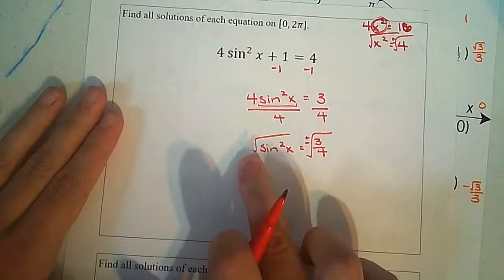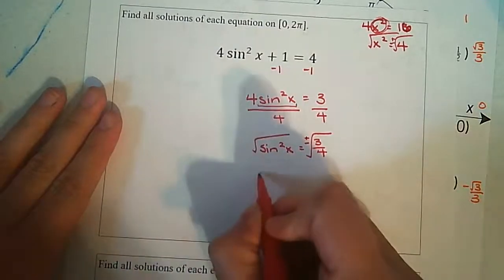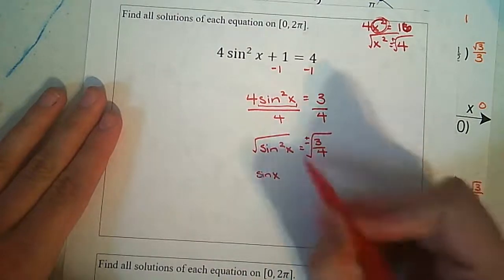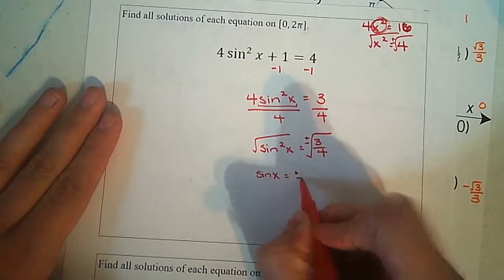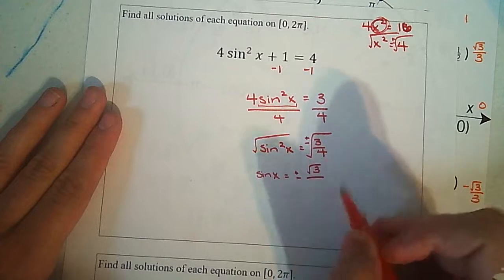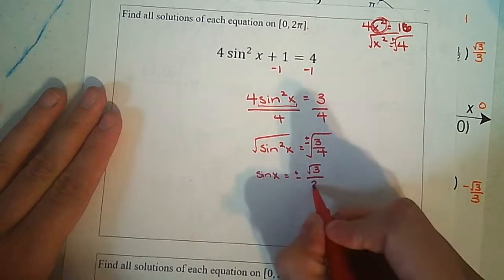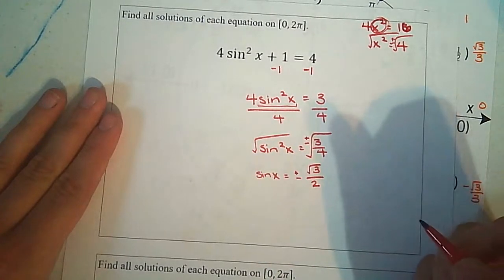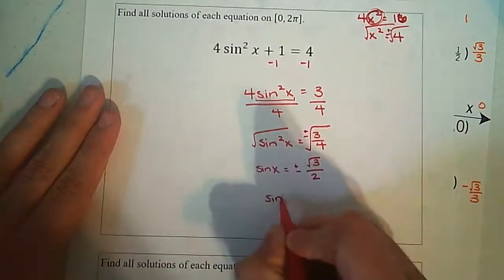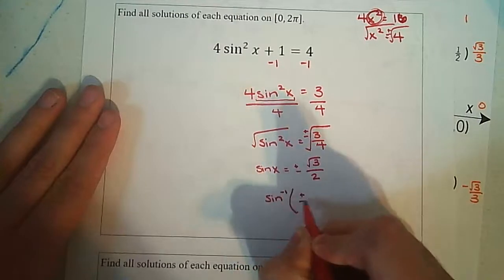So now the square root of sine squared is just plain old sine. Remember, when you take a square root of a fraction, you really take the square root of the top and take the square root of the bottom, and the square root of 4 is 2. And again, remember, whenever you're finding an angle, you're really looking at that inverse function.